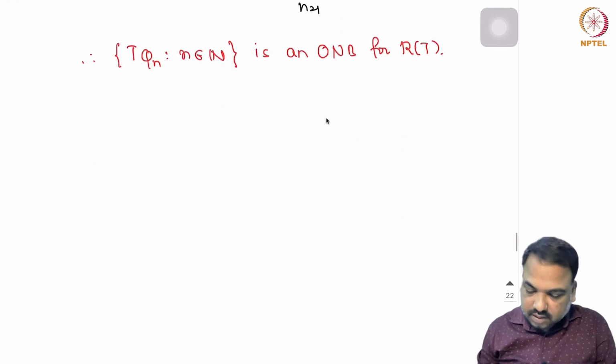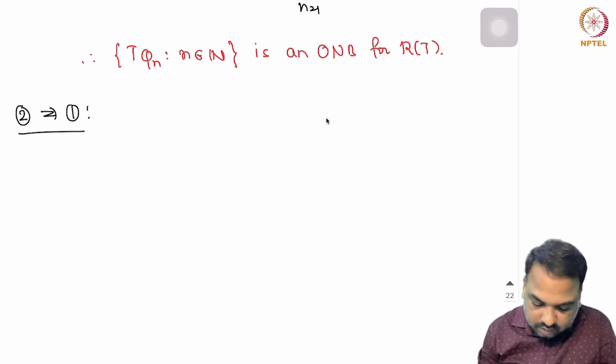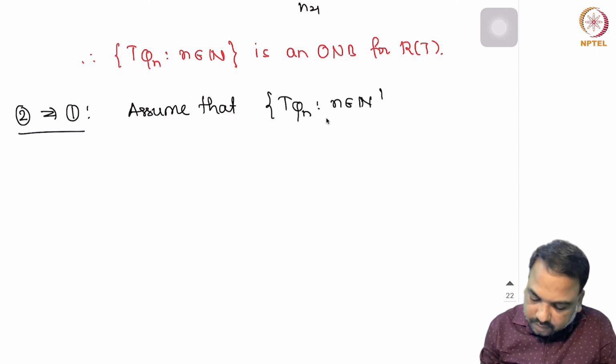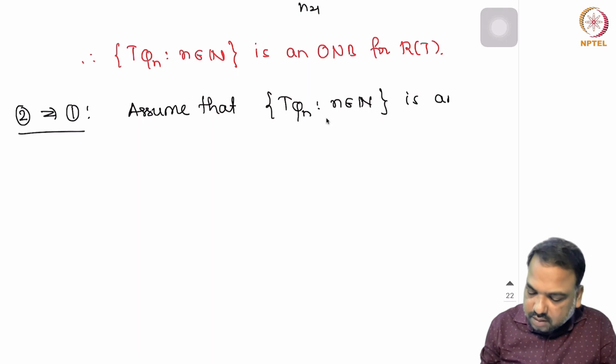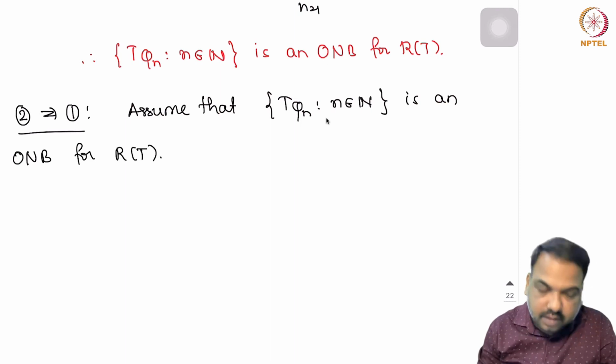So let us look at the other proof. 2 implies 1. Assume that T phi n is an orthonormal basis for the range of the operator.